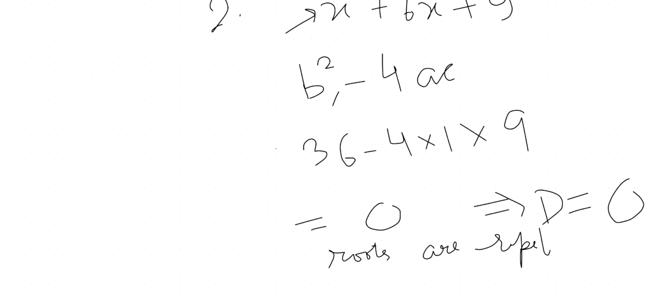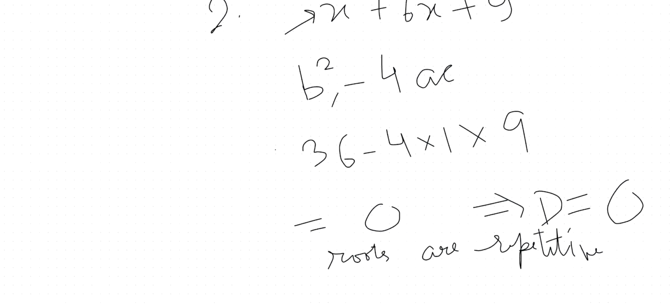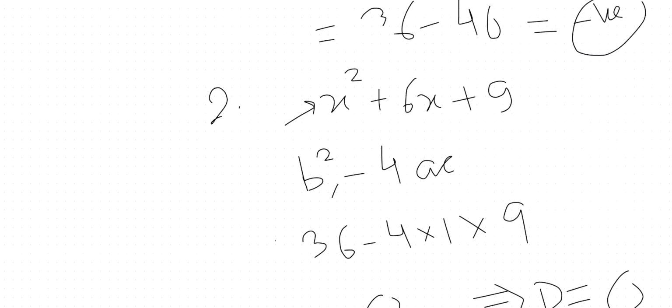In this case, you can also think of it from the point of view of a plus b whole square. If you do that, you will see that this becomes x plus 3 whole square.